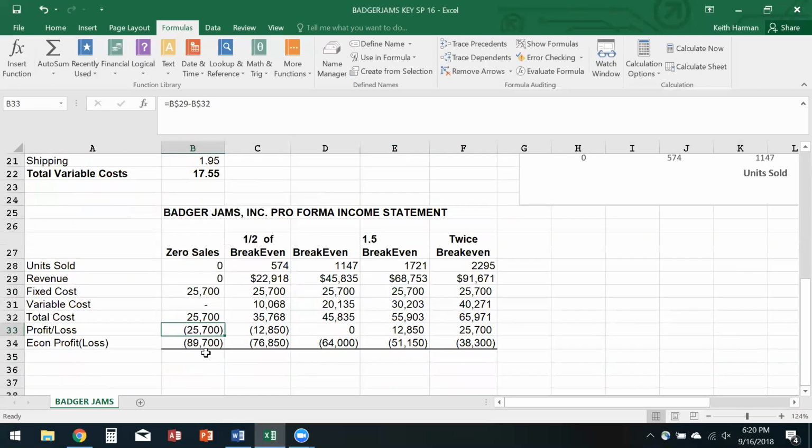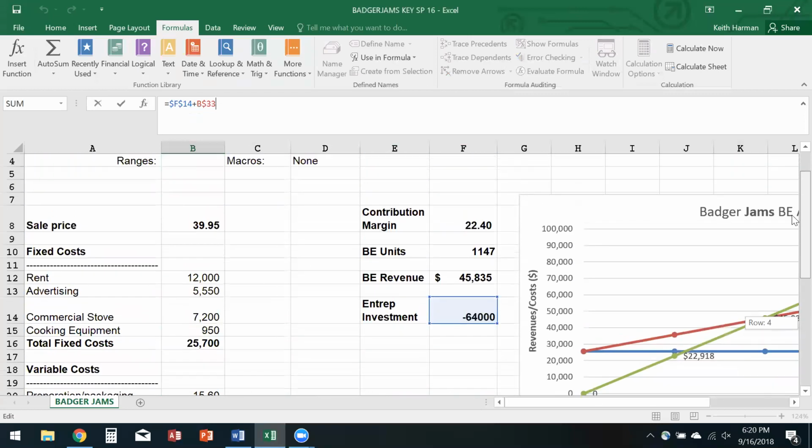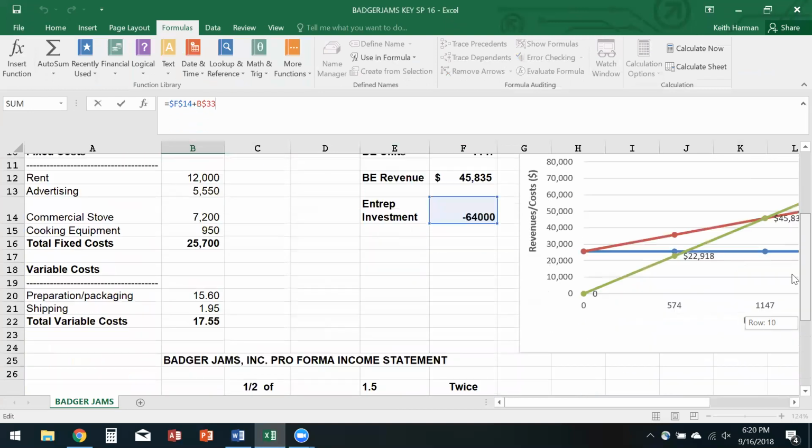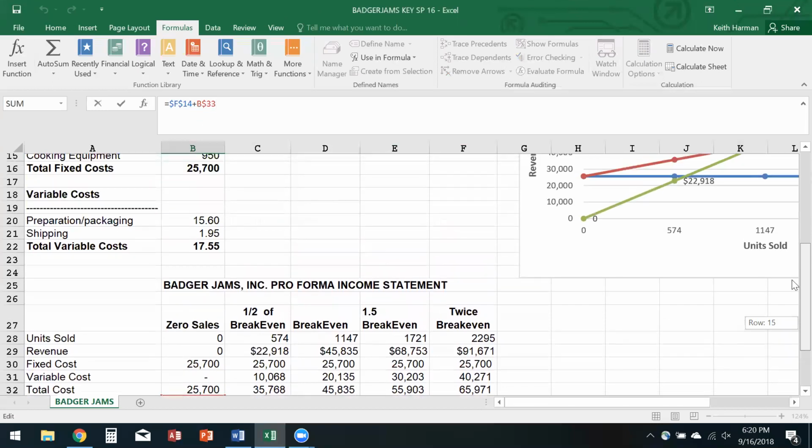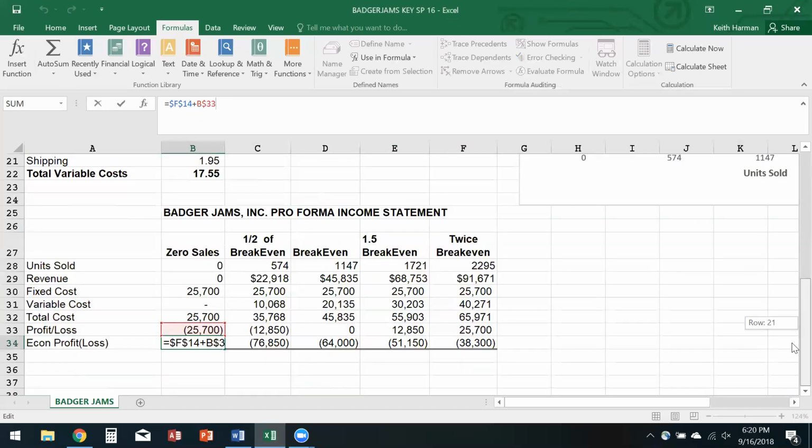Now, I also have an economic profit or loss because I've got to include not only that fixed cost, but I've also got to figure in the entrepreneur's investment, and that's B33. You've got to figure in the profit or loss.